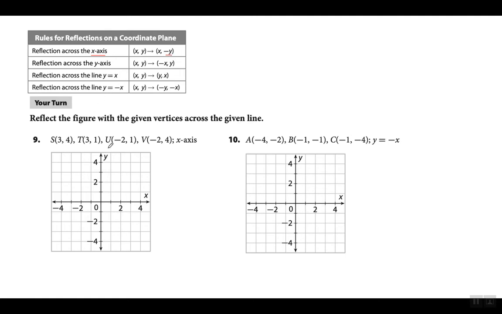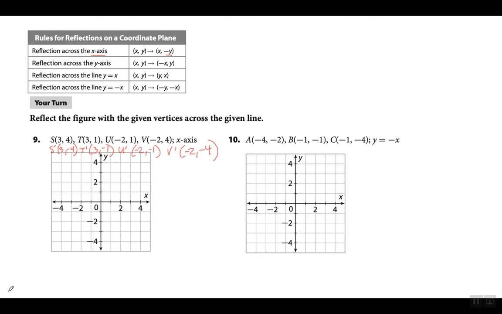So a way that I could do this quickly is underneath here, just write the coordinates for the image, where I just take all the y coordinates and change them to the opposite sign. And V prime will be at -2, -4.